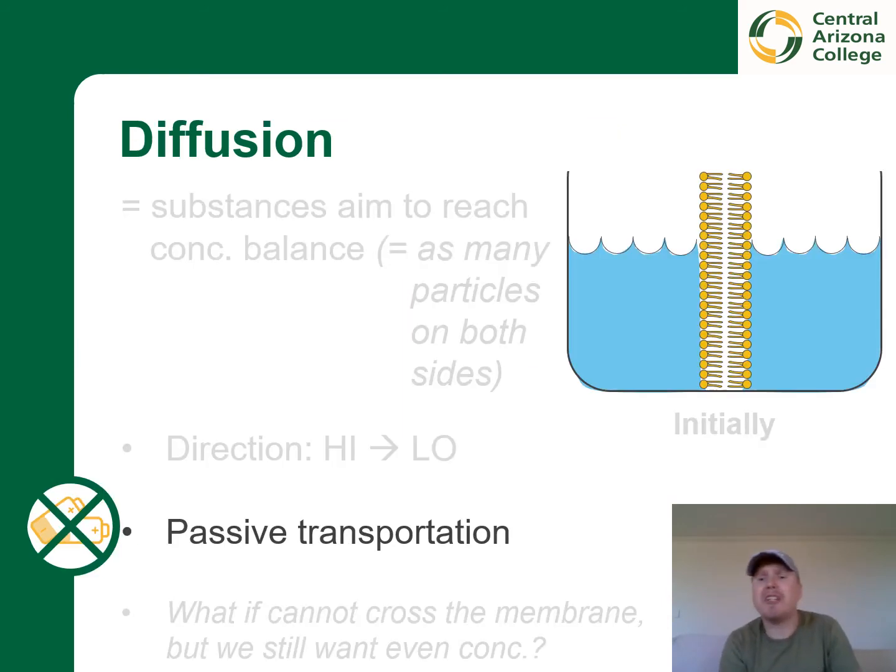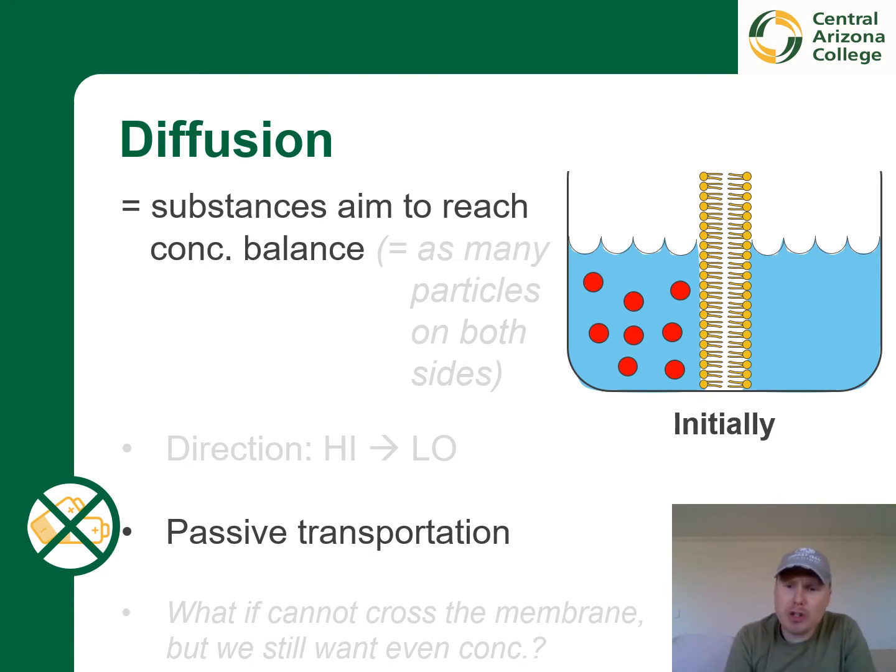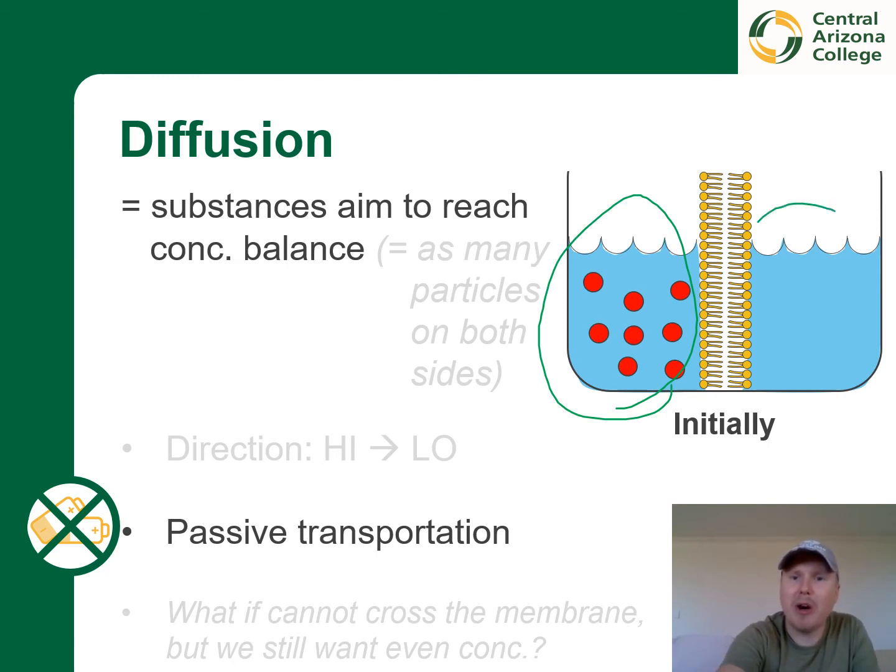Let's have a look at diffusion as our first example. And this is going to be one that falls under the category of passive transport. So in diffusion, there is initially an uneven concentration of substances on one side of the membrane in comparison to the other side.